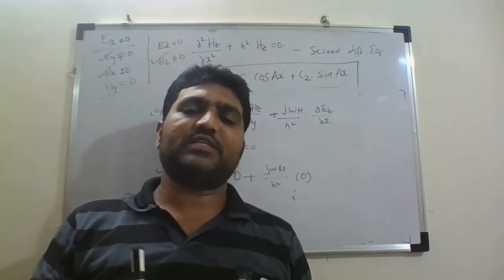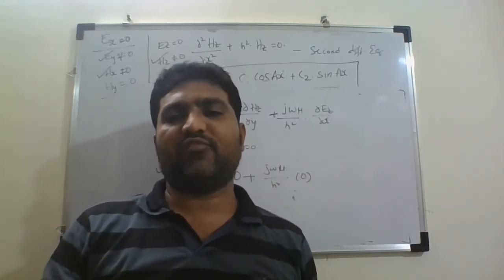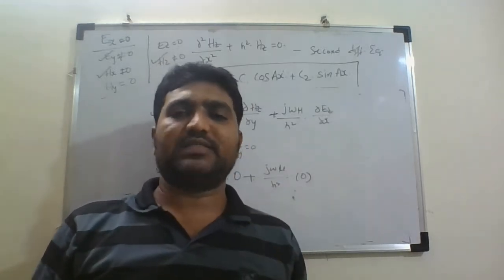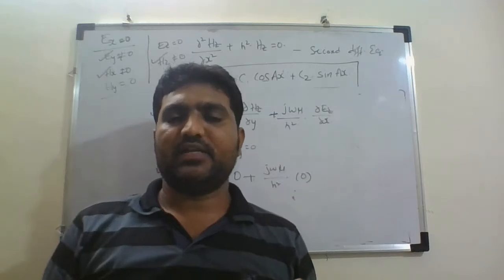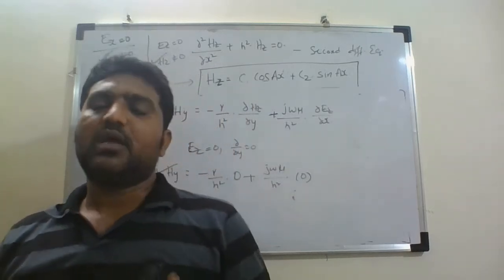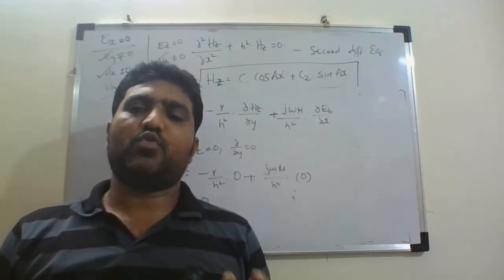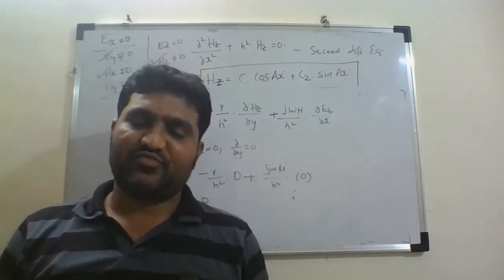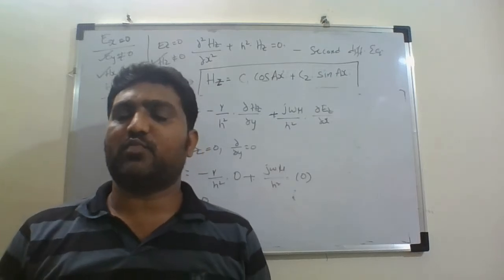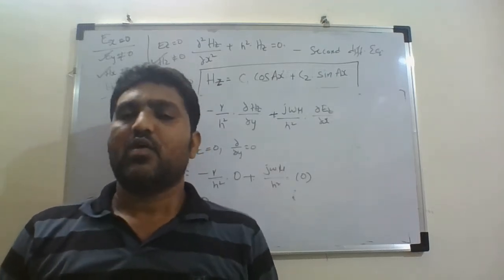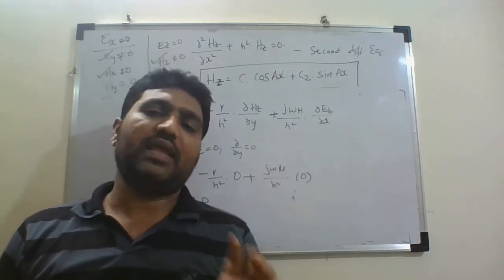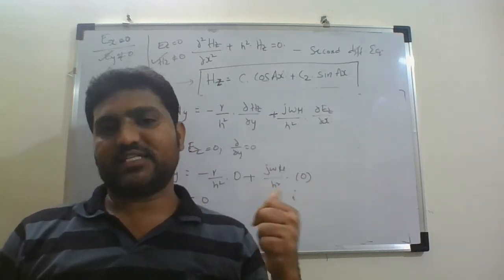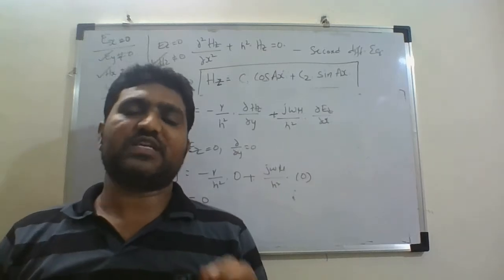Electric field exists only along the y axis. There is no component of electric field along z or along x. That is point 1. Point 2 is that magnetic field exists both along z axis and x axis. So it is not completely transverse, it has both longitudinal and transverse components, whereas electric field has only the y component, which is the transverse direction. That is why we call this particular mode transverse electric mode.